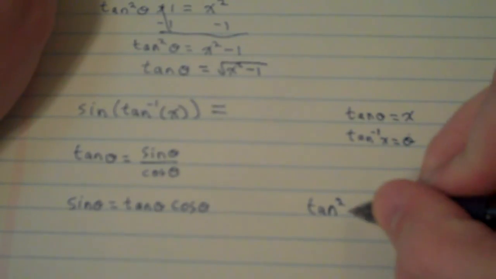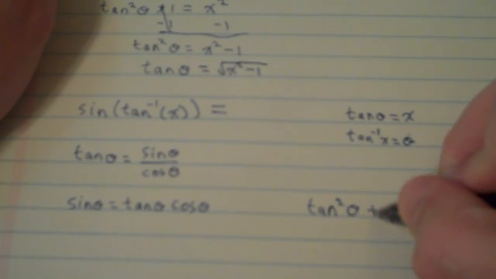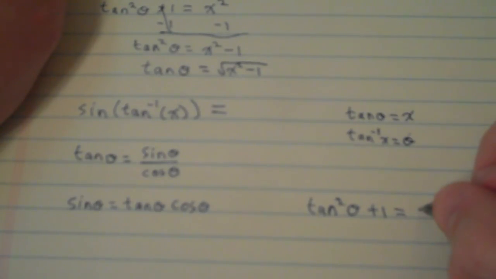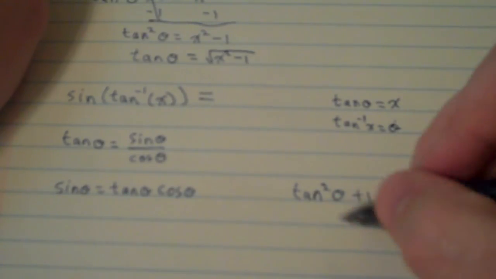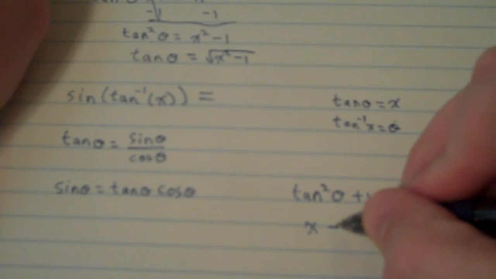Tangent squared theta plus 1 equals secant squared theta. Now the reason that I can use this particular equation is because secant is 1 over cosine. So what I have here is 1 over cosine squared theta is equal to x squared plus 1, because the tangent is being squared.